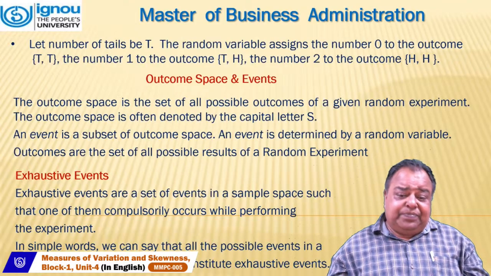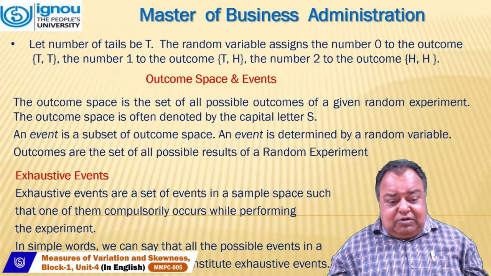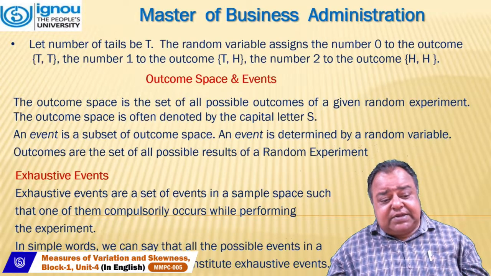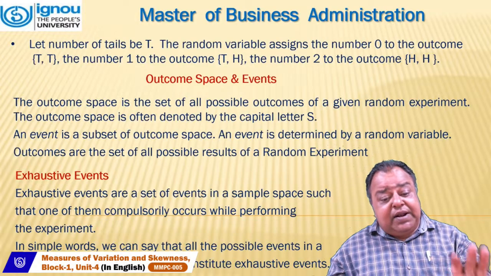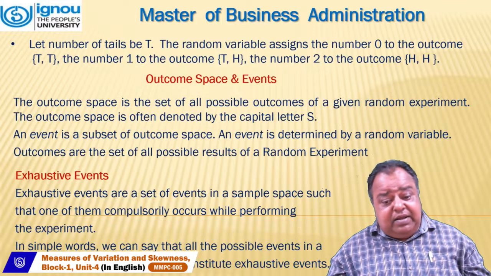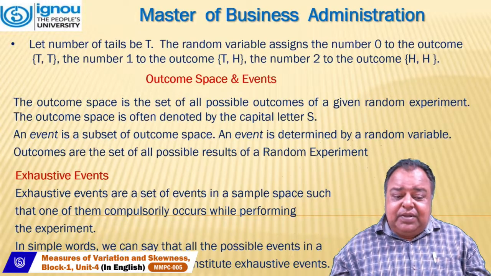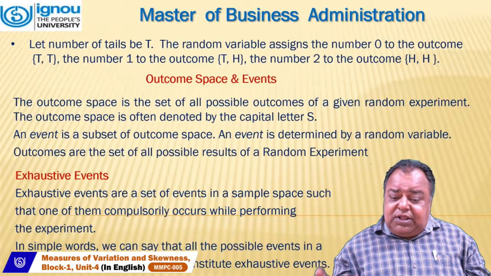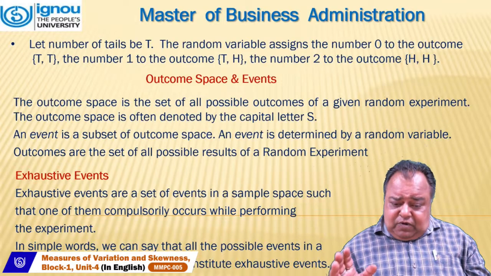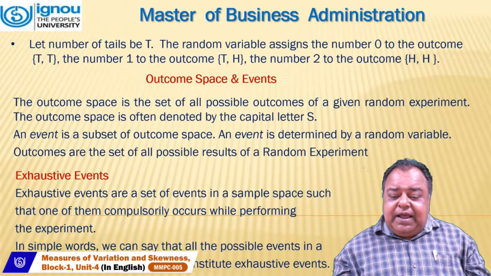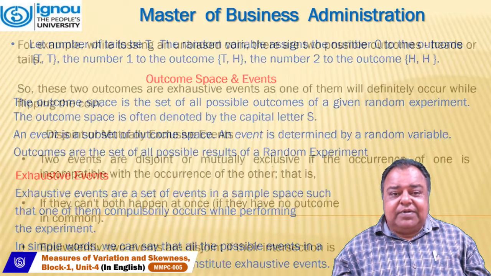Exhaustive events. Exhaustive events are a set of events in a sample space such that one of them will compulsorily occur while performing the experiment. That is, we can say that all the possible events in a sample space of an experiment constitute exhaustive events.